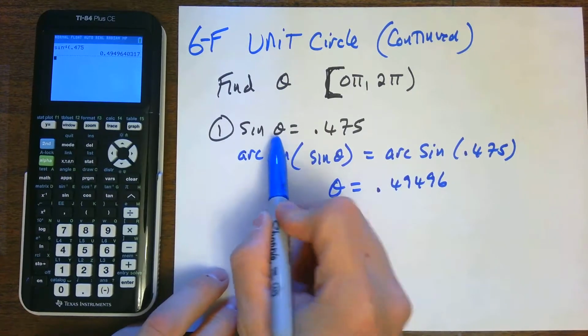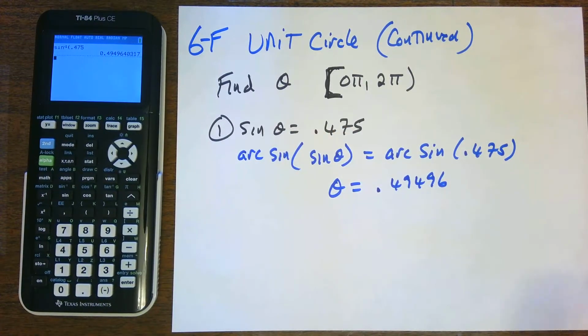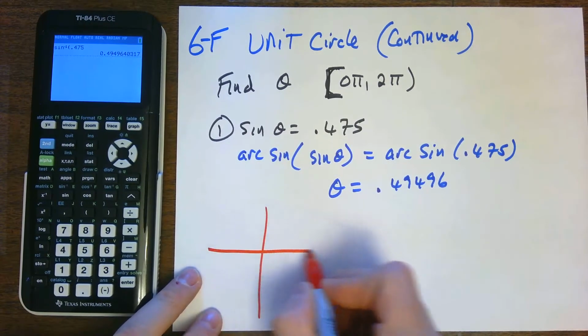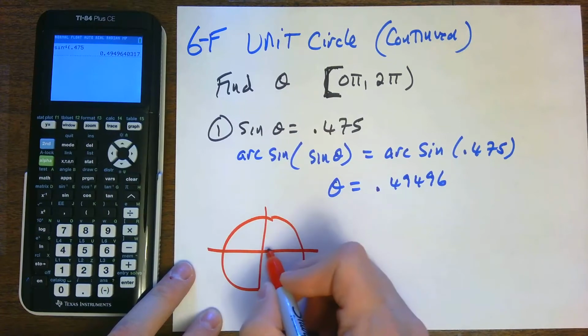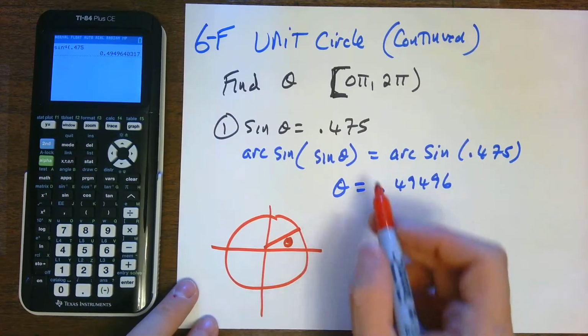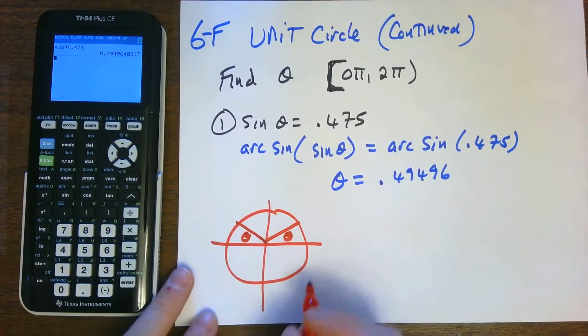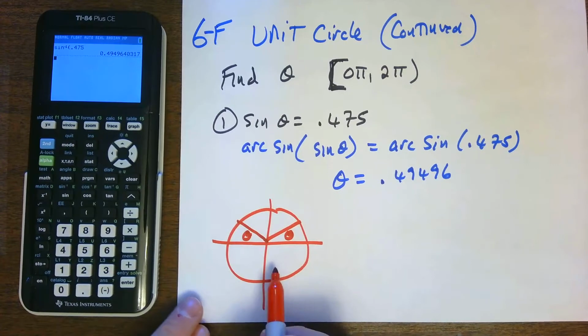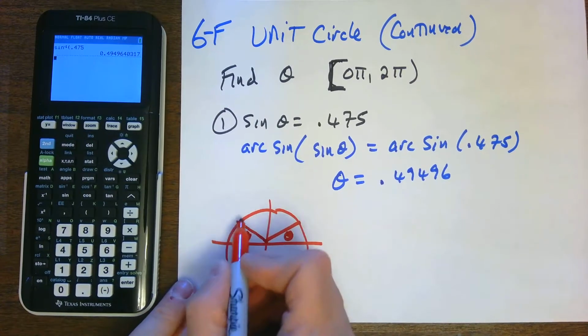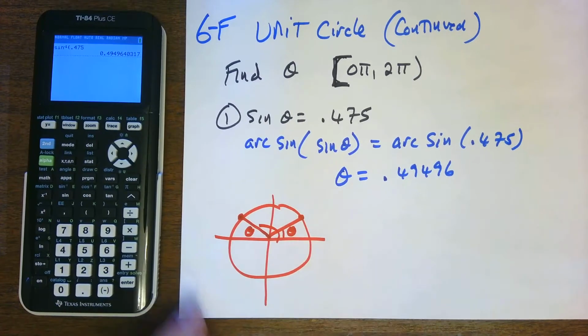Because the sine is a positive number, there is more than one place where sine is positive. If I think about my unit circle, here is theta, where sine is positive, but in the second quadrant I could have another angle. It looks like an angry turtle, doesn't it? So I've got this angle and that angle.